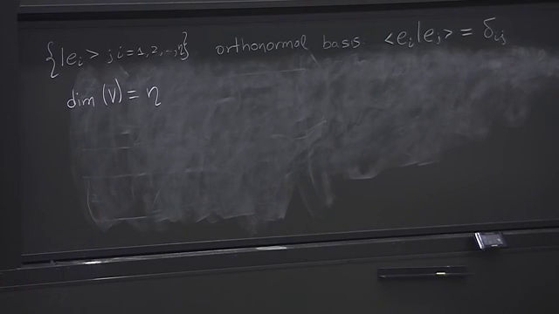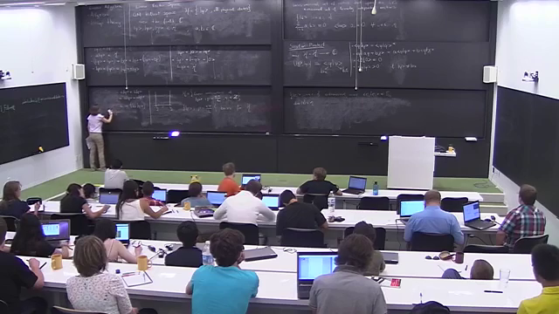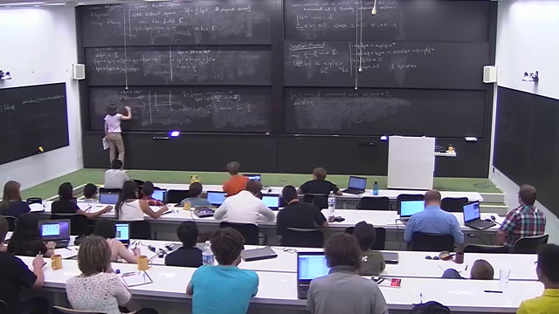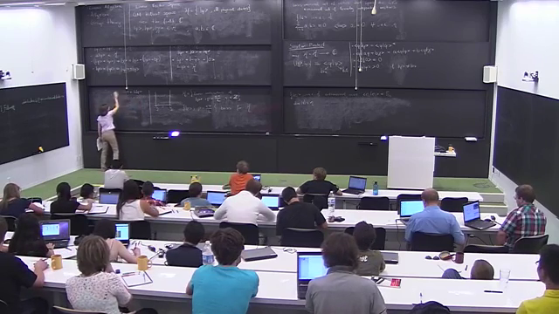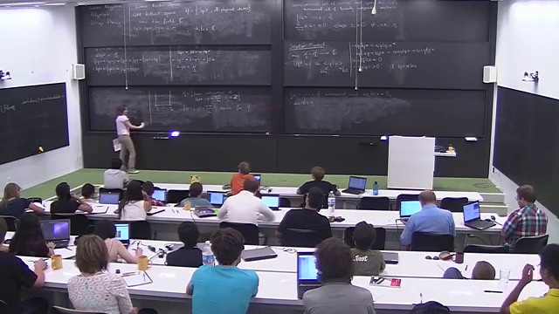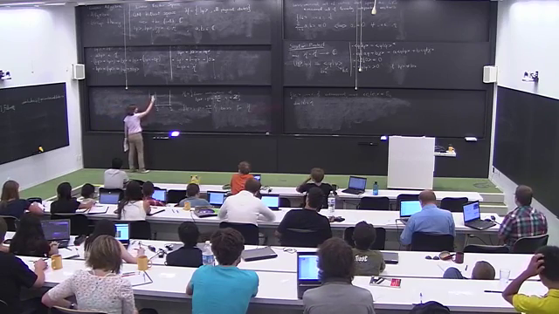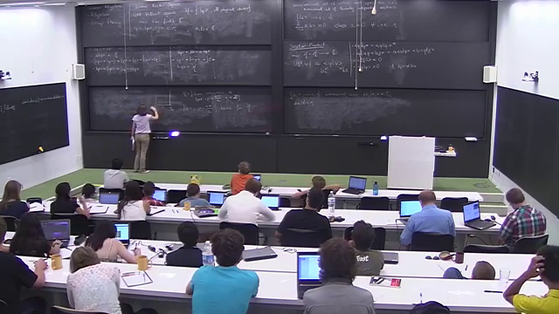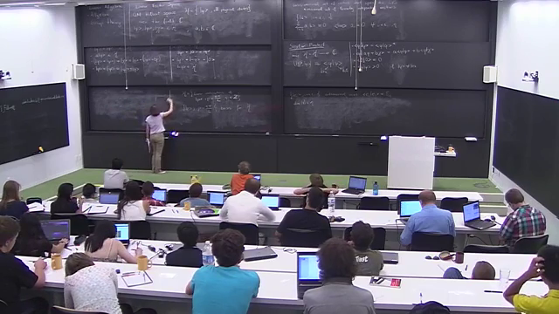Okay, now let's talk about dual spaces. A dual space is basically a set of operators taking you from your vector space to your field.